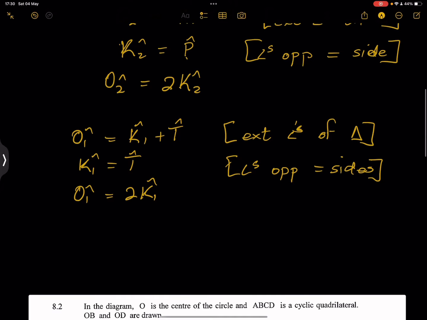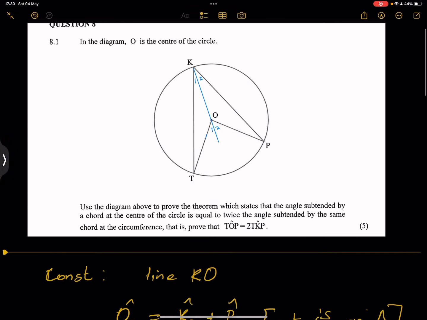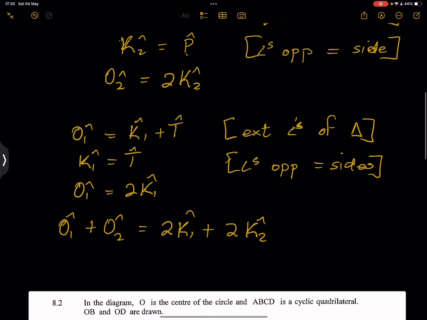All right, so that means if I take O1 plus O2, this will be equal to 2 times K1 plus 2 times K2. Now, if you note there, O1 plus O2, that is that entire angle TOP. If I take the 2 out as a common factor, that's K1 plus K2.